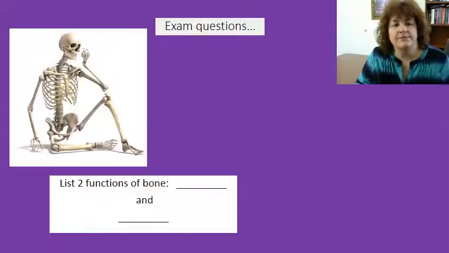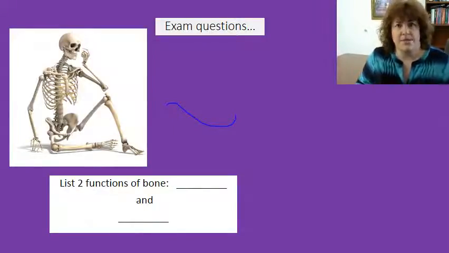Now, back to important topics like how are you going to answer questions? Well, hopefully by now you realize that I'm always going to ask you about basic functions. And so sometimes students just go in and they start memorizing things and they say, okay, bone functions, we got protection, which is obvious. And we've got something like fats, and that's all they remember.